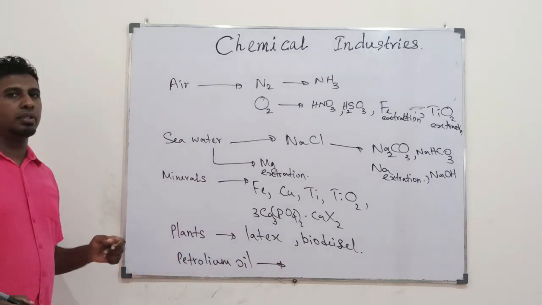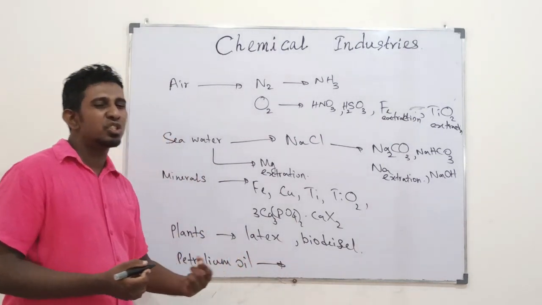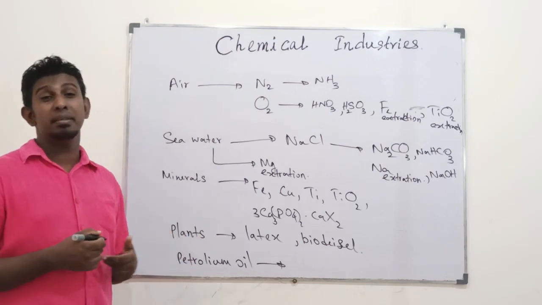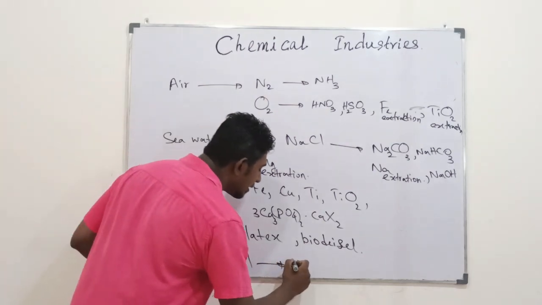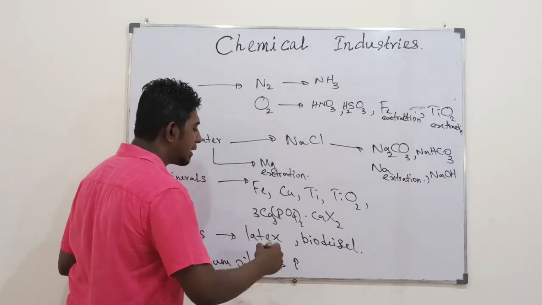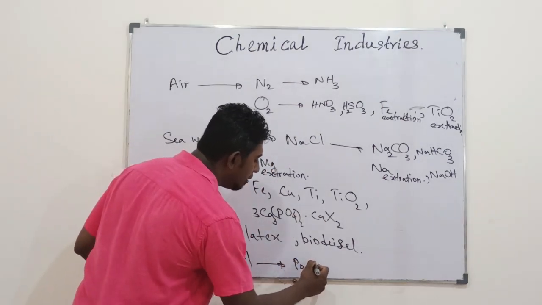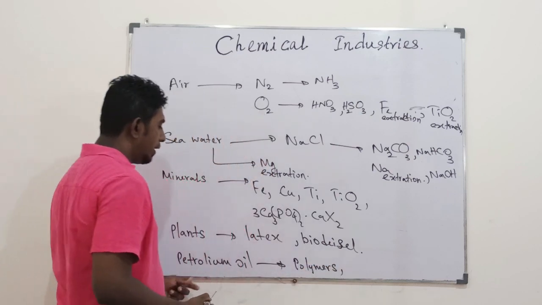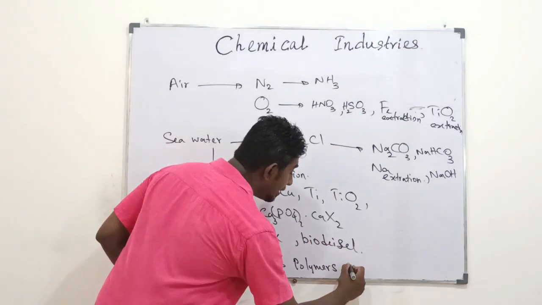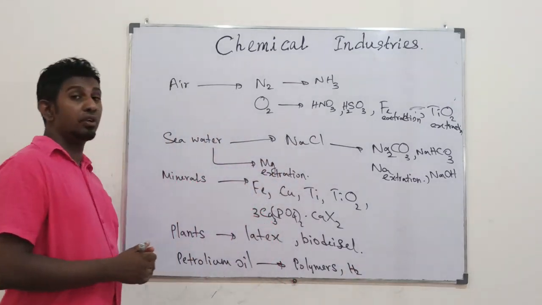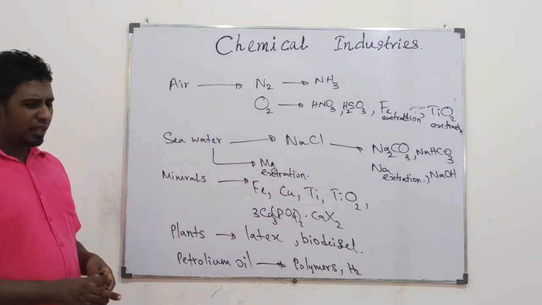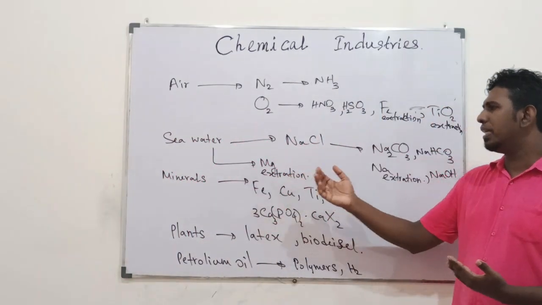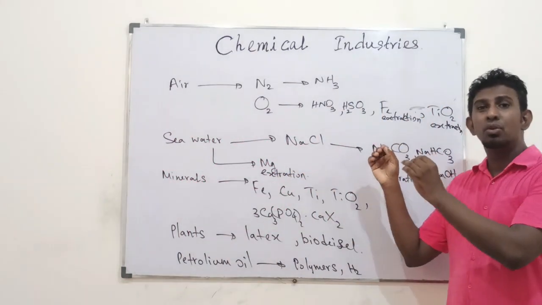You could use this as the source to manufacture various organic compounds like polymers, for manufacturing polymers, polyethylene, polypropylene. It is also the source for hydrogen, by cracking of hydrocarbons. So in that way, you could find various sources giving those raw materials.